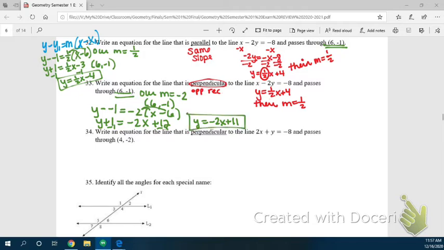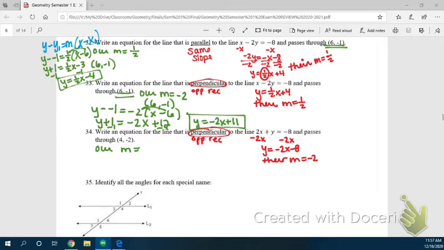The next one is looking for perpendicular again, so that's going to be opposite reciprocal, but we have a new line, so we need to get this y by itself. I'm going to subtract 2x, so my y is -2x minus 8. That means their m is -2. Our m, our slope, is needing to be opposite reciprocal.